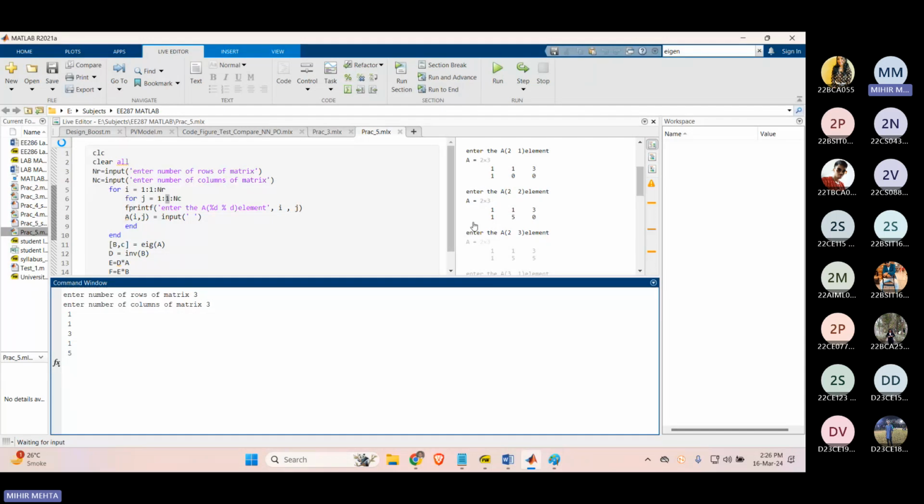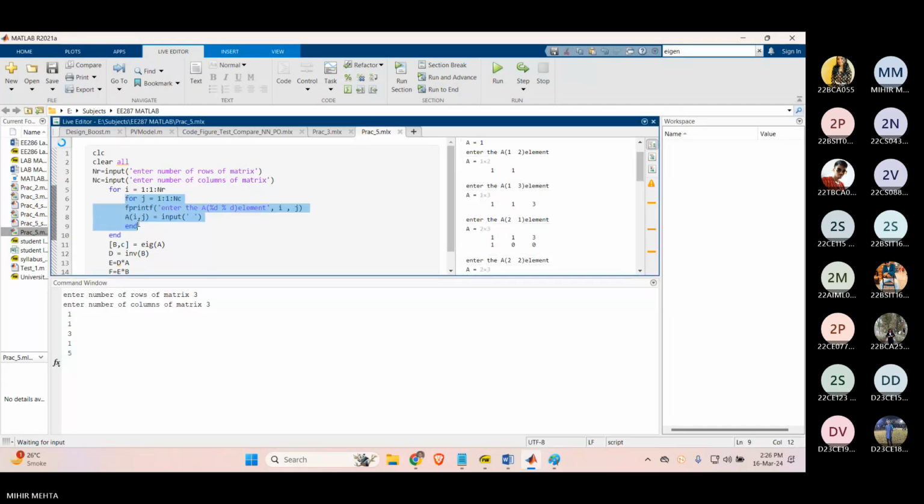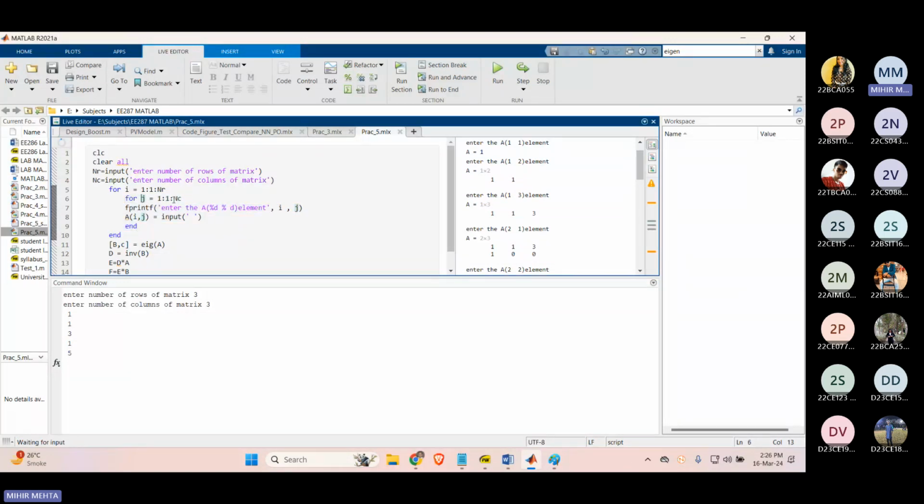My loop again ends here, but I again have a scope of increment in j, since j is 2 and this can go further till 3. So the value of j is now 3. The value of I is 2, the value of j is 3, so the element you need to enter is A23.